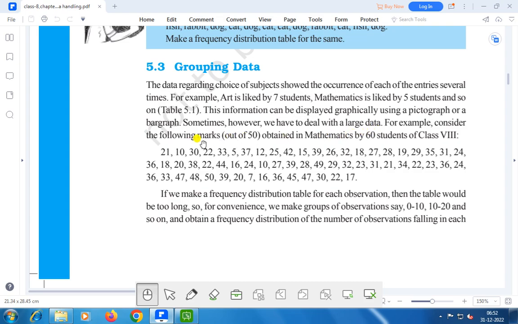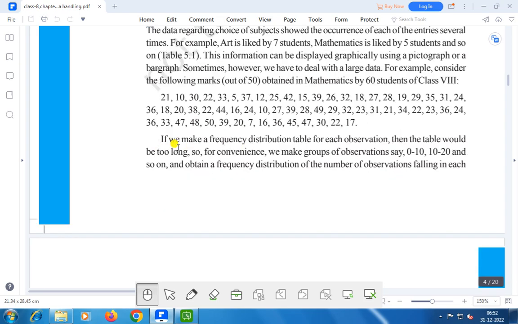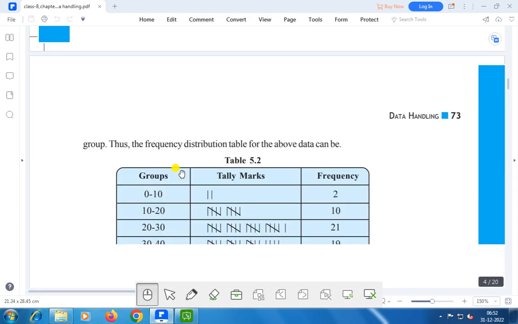For example, consider the following marks out of 50 obtained in mathematics by 60 students of class 8. If we make a frequency distribution table for each observation, then the table would be too long. So, for convenience, we make groups of observations, say 0 to 10, 10 to 20, and so on, and obtain a frequency distribution of the number of observations falling in each group.